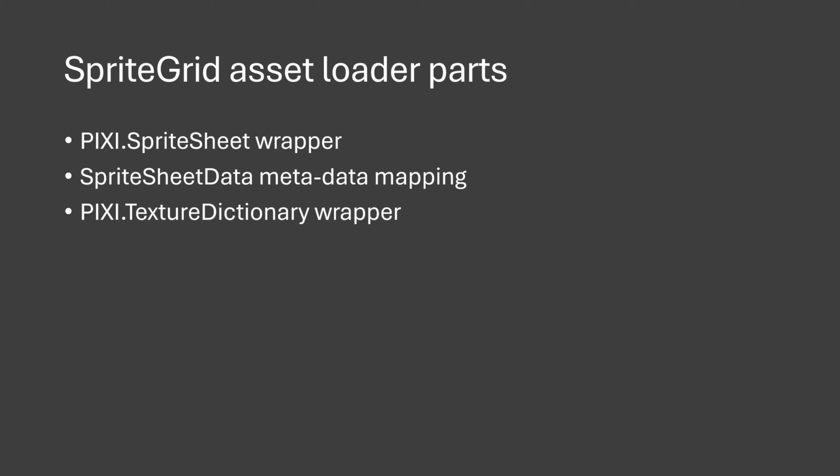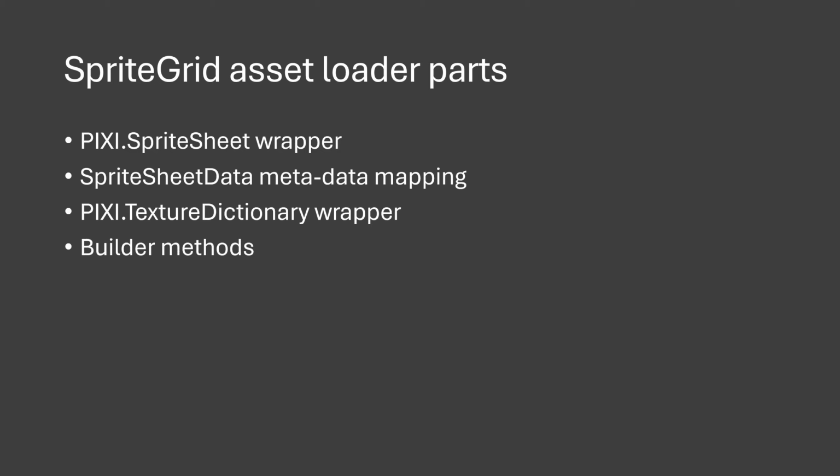And that will require another class that we'll need to wrap for Pixi.js that is not in, it seems, unless I missed it, the SwanDev's library, which is the texture dictionary, or I don't know what it's actually called on the JS side, but that actually is a very, very shallow wrapper. It's a keyed collection of textures, pretty much. You'll see we only need one method from that class.